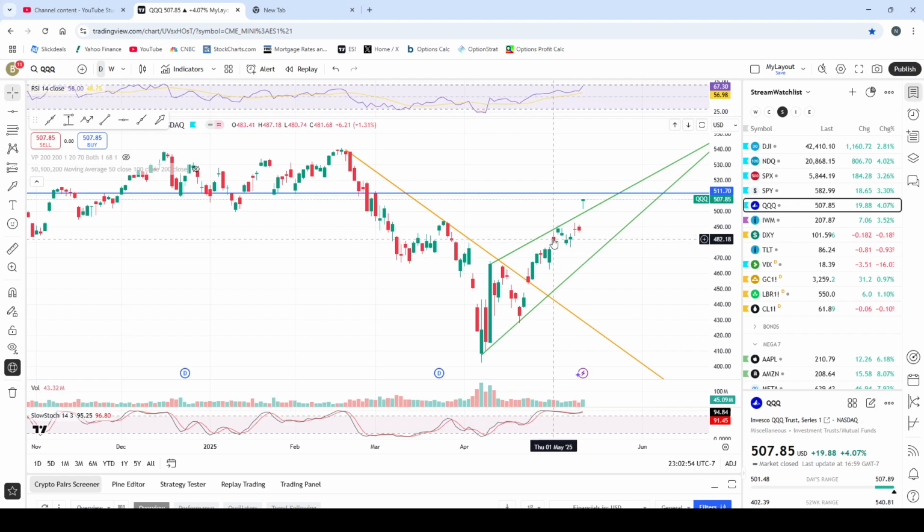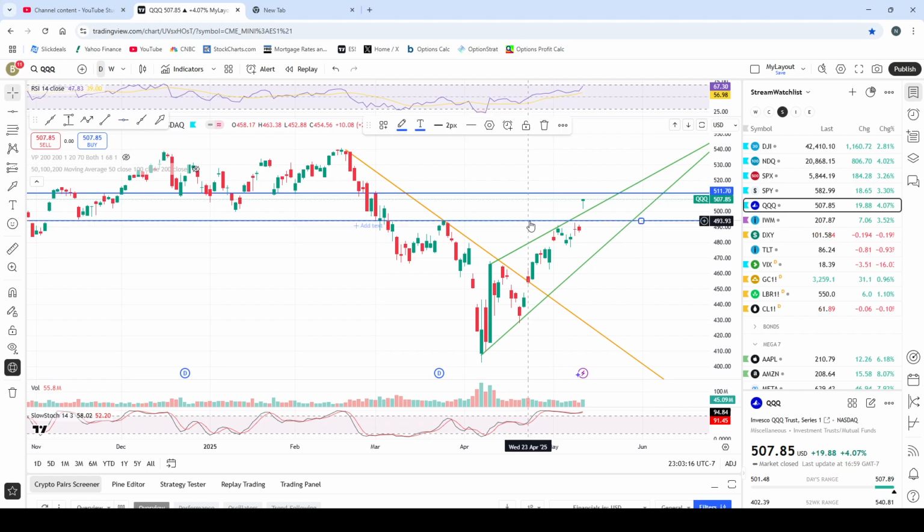So like the other one, I expect this to come up maybe here in a day or two, hit, go back and test at least this level, which is the previous high at 494, and another one would be right here, or maybe the gap right here.